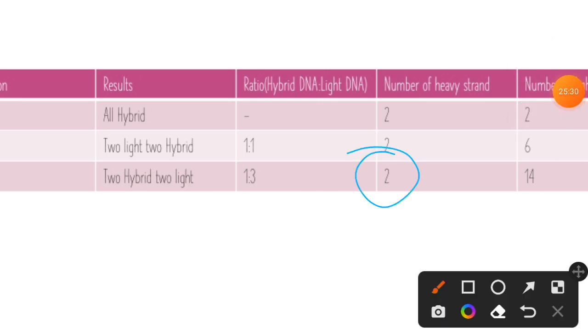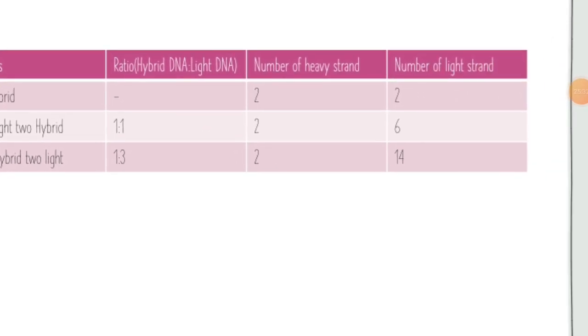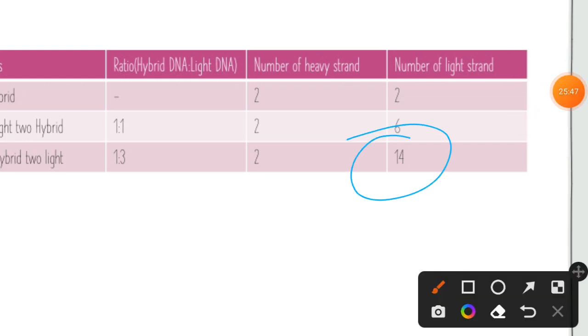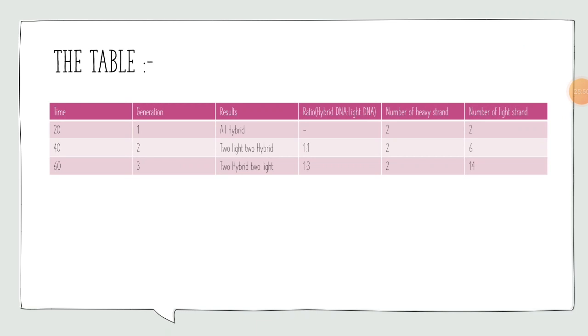And for the number of light strands, we have 6 pure light DNA molecules, so 6 into 2, that means 12, plus 2 hybrid, so there will be again 2 light strands, so 12 plus 2, that means 14. Okay, so that is how you have to solve the problems that will be in your examination.